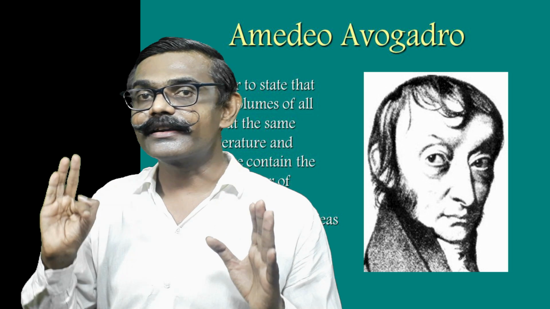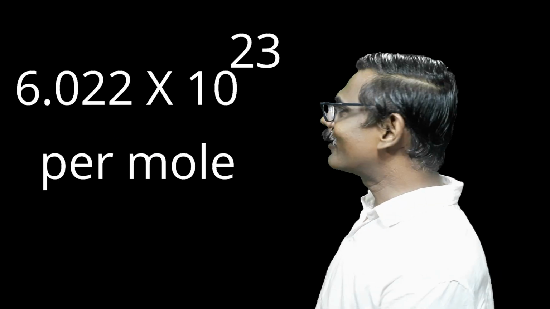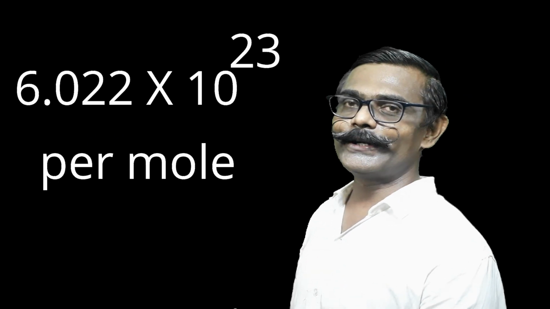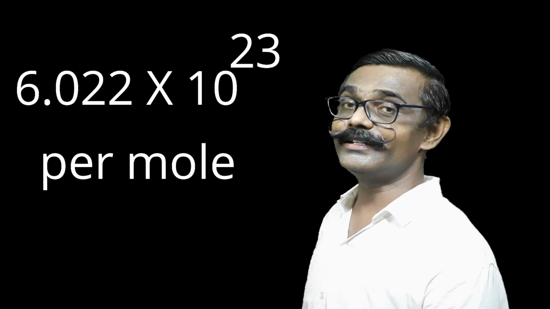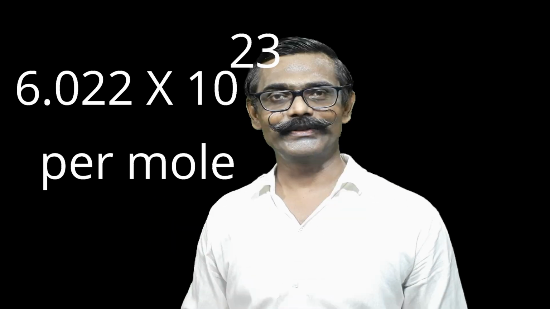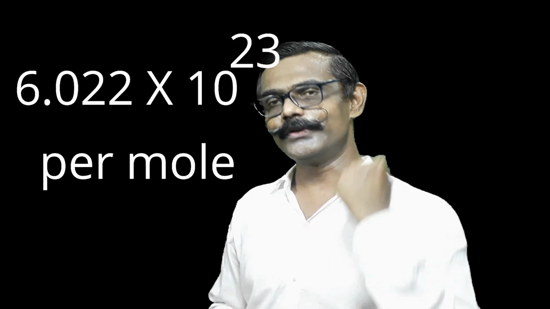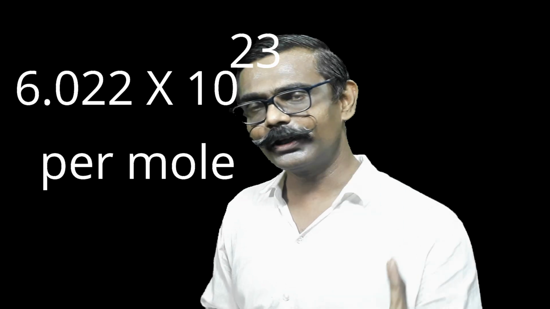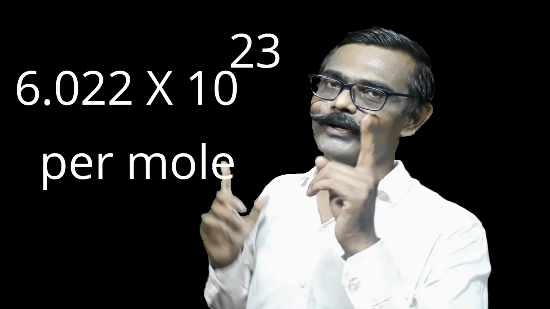Then people did the calculation and decided that the number is a mole, and that mole means Avogadro's number. What is Avogadro's number? 6.022 into 10 raised to 23. We say per mole. In 1 mole of any entity, whether atom, molecule, or electrons, anything, the number will be Avogadro's number.